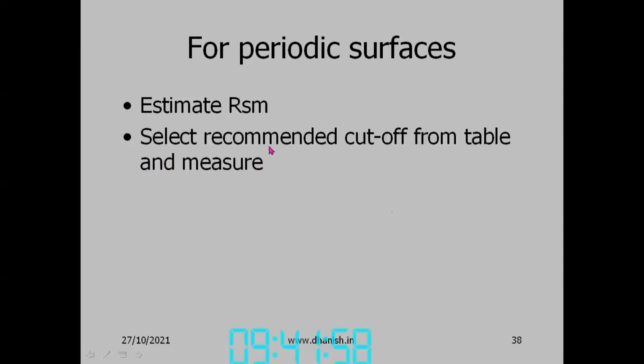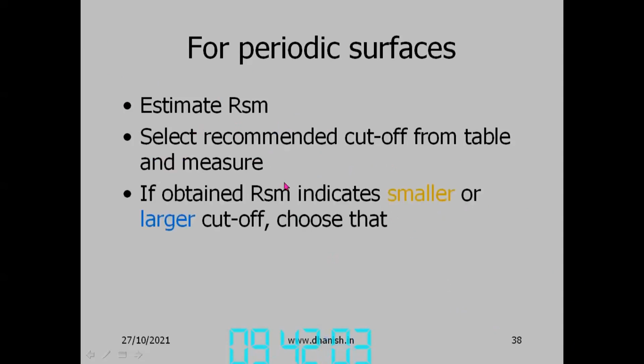So estimate RSm, select the recommended cutoff from the table below, next slide, and measure. If the obtained RSm indicates a smaller or larger cutoff, choose that. Previously, only if it was smaller, we used to change. Here, if it is smaller or larger, you have to choose that.